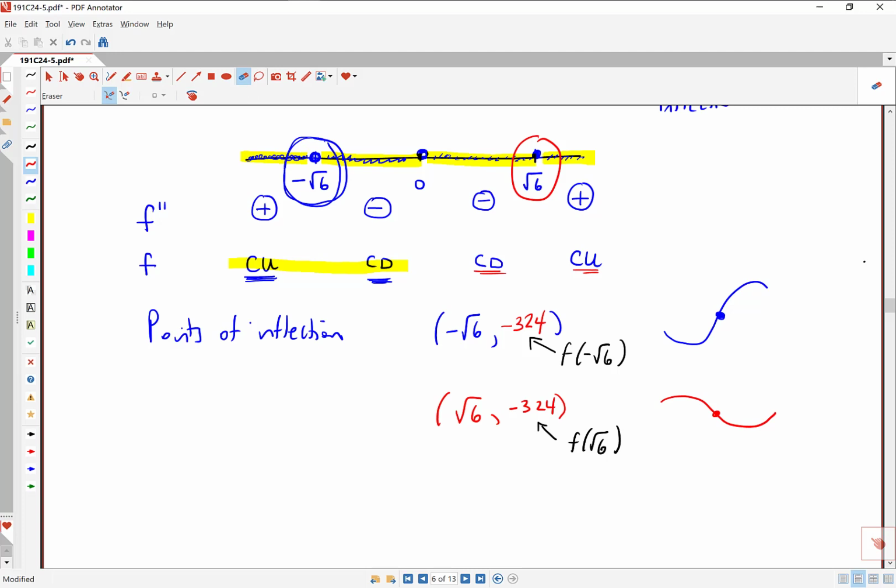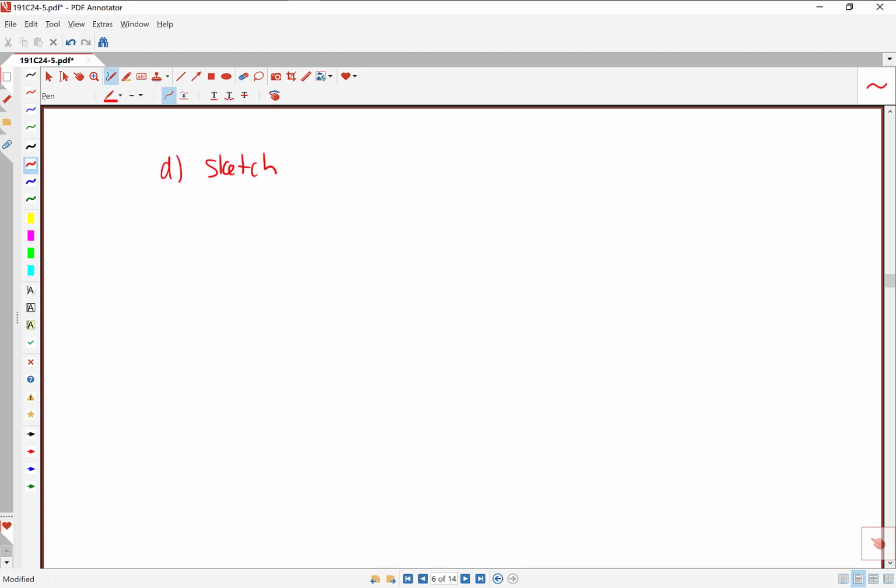We found our points of inflection, and then the very last thing we're going to do to finish off this problem and to finish off the video is just to make a sketch putting it all together. So I think what I'll do is I'll just collect all the points that we figured out from the first 3 parts. So we had our y-intercept, which we decided was 0, 0. We had 2 relative minimum points and 1 relative maximum point.